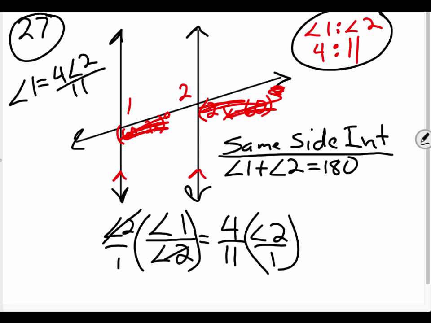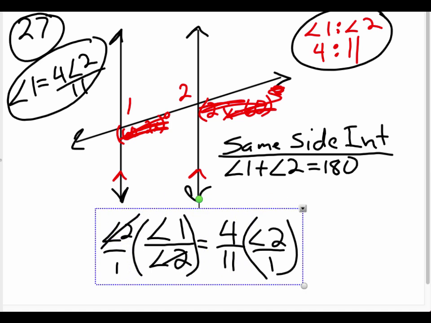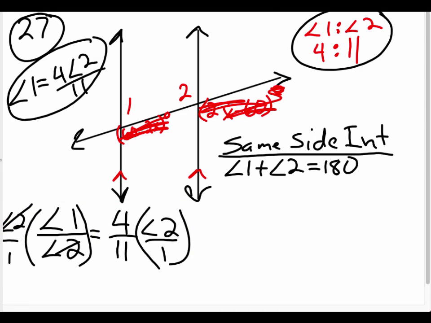All right, so now that I've got my 2 equations, why did Mr. Adams solve for angle 1? What do you think I'm going to do? I'm just going to plug it in. So for angle 1, I'm going to say 4 times angle 2 all over 11 plus angle 2 equals 180.